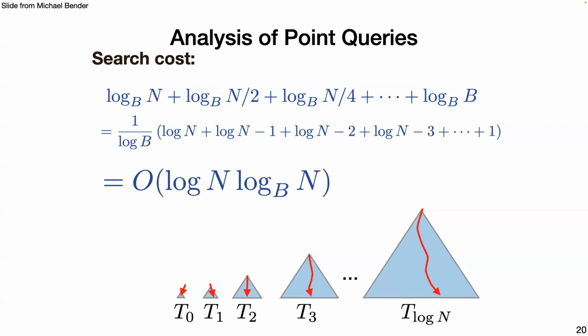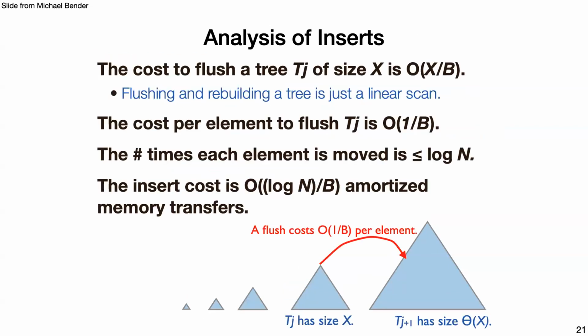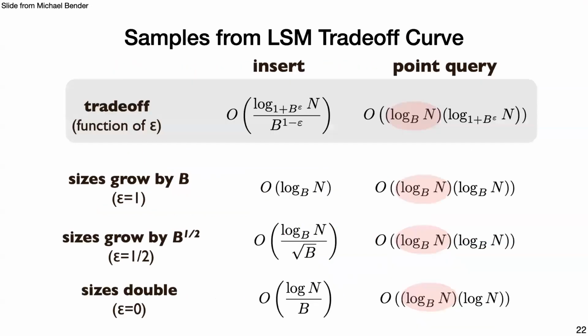Cool. So the insert cost is amortized log n over B. Okay, and this is again the optimal lower bound. This is the insert cost, this is the point query cost, and the LSM tree has this factor of log base B in the search, which is suboptimal, and we would like to get rid of it.